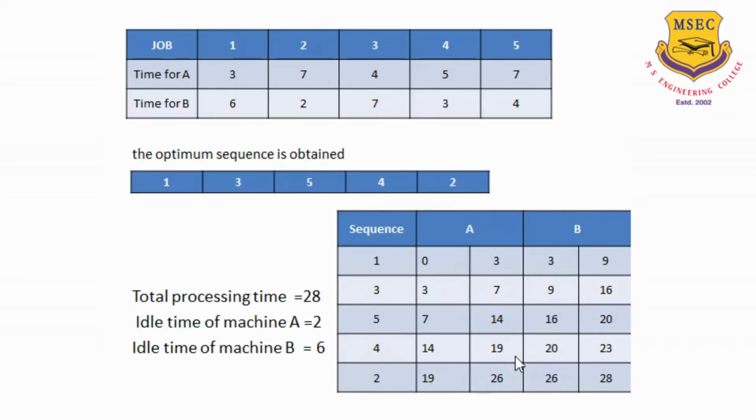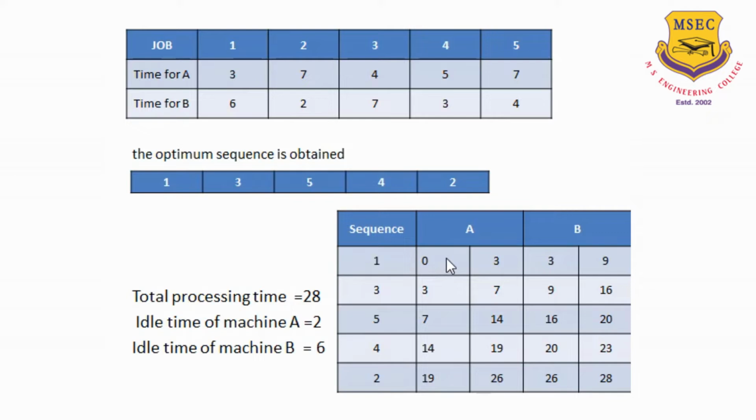Now what we do is we take the sequence and tabulate it in the table, that is 1, 3, 5, 4, 2, and we consider the machines A and B. Now for the sequence 1, the starting time is 0, and the time that's going to be taken for job 1 on machine A is 3.